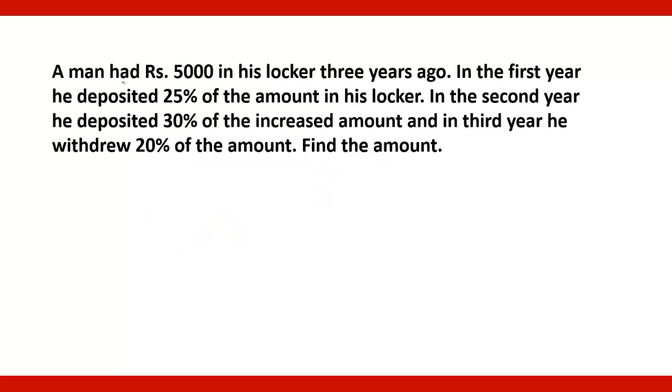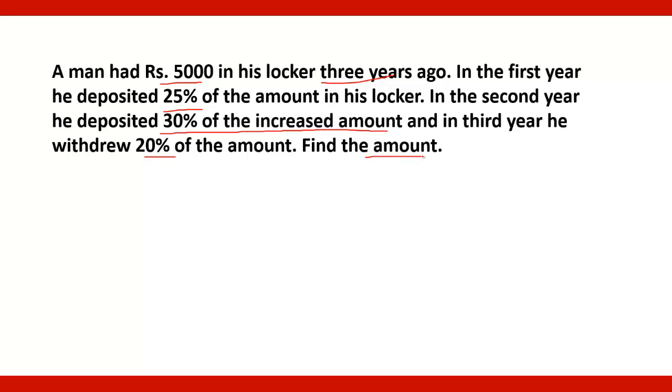The second question is that a man had 5000 rupees in his locker 3 years ago. In the first year, he deposited 25% of the amount in the locker. In the second year, he deposited 30% of the increased amount, and in the third year, he withdrew 20% of the amount.